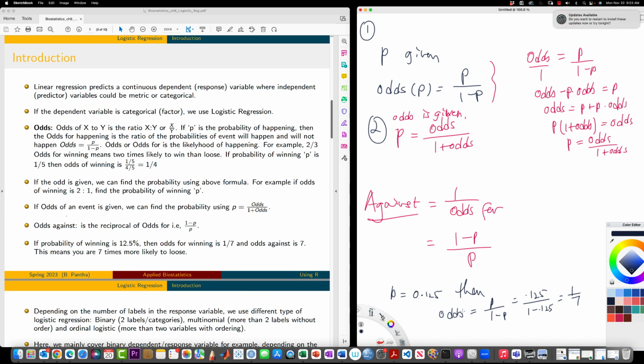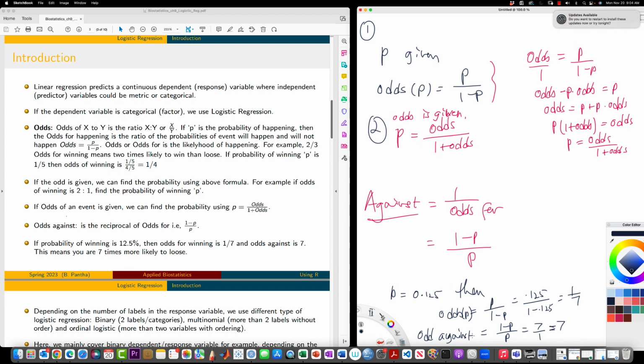But if you want to find the odds against P, you can write odds against equals 1 minus P over P. So basically the reciprocal of that, 7 over 1, that is 7. So odds for is 1 over 7, odds against is 7 over 1. That means the probability of winning is 1 out of 7.